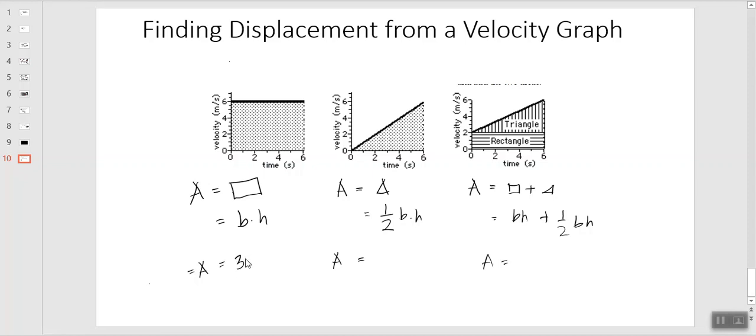You should get 36 meters. You should be able to get 18 meters, right? And then you should get about 24 meters. And all of this represents one particular quantity in physics, and that is displacement. So you can find the displacement by looking just at the area under the line of the velocity versus time graph.